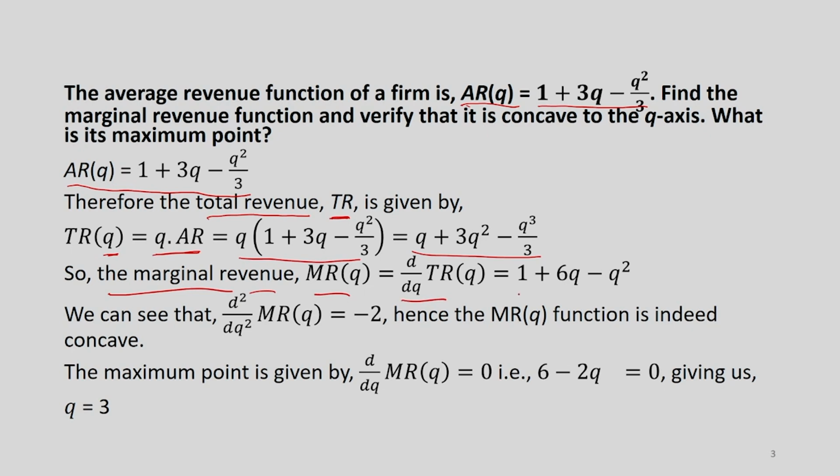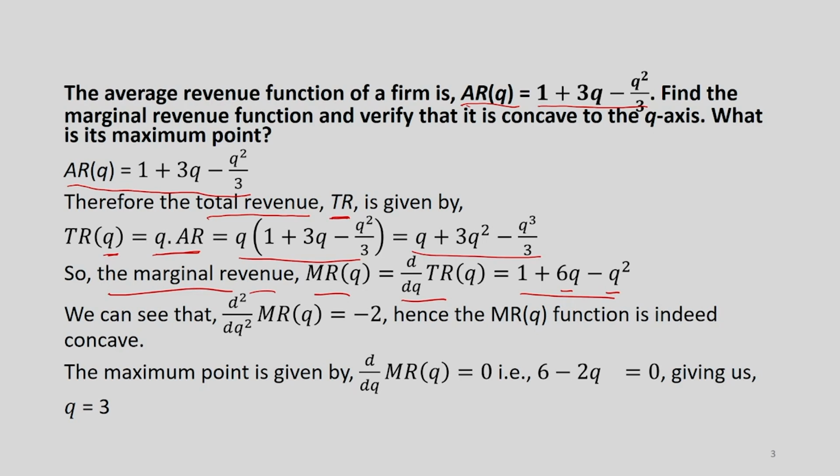So it is calculated to be 1 plus 3 multiplied by 2Q, which gives you 6Q, minus 3Q square divided by 3, which will be simply Q square. So you have minus Q square here. We have applied the power rule in this case. Marginal revenue therefore is 1 plus 6Q minus Q square.